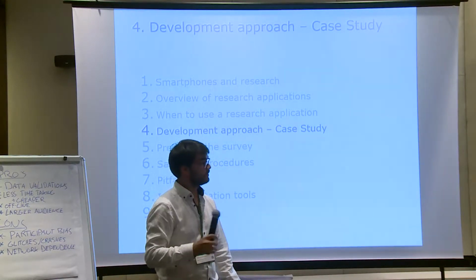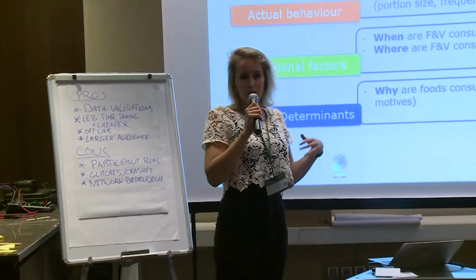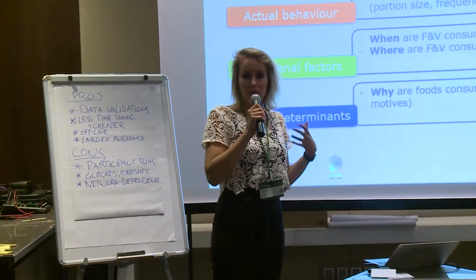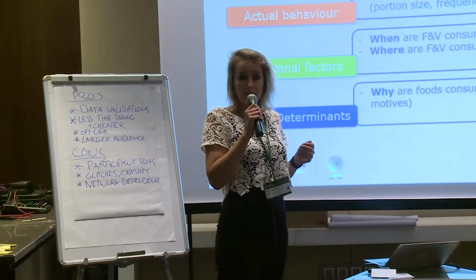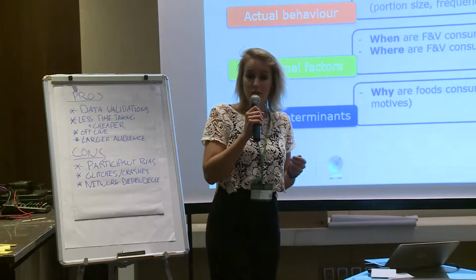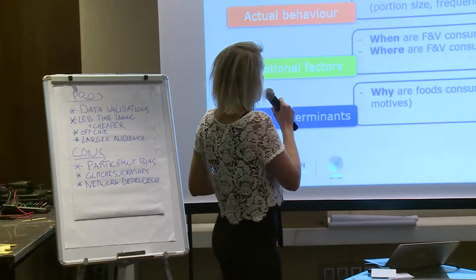Yeah. So now we're going to the next part, in which we're also going to do more exercises on the steps and all the ways you have to think along in designing your own smartphone application. Therefore we use our case study, the ANH study, which I mentioned earlier.